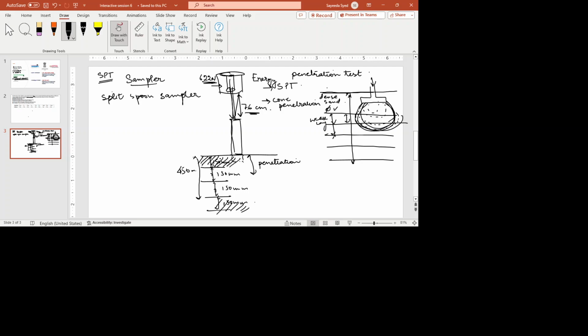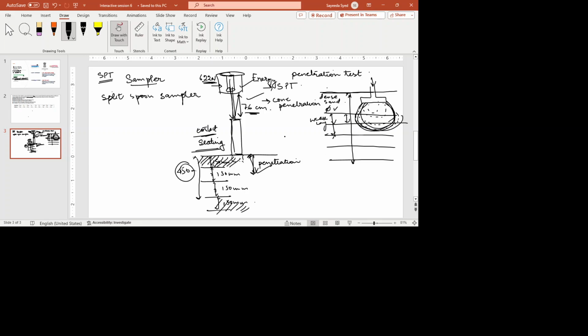The purpose of this first reading is for seating, so that there is no error due to improper contact or something like that. So we take this standard hammer, drop it from a standard height, and count how many blows it takes for a standard penetration, and that is how we standardize this test.